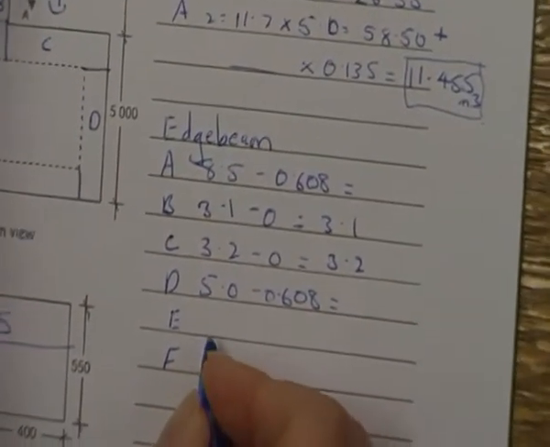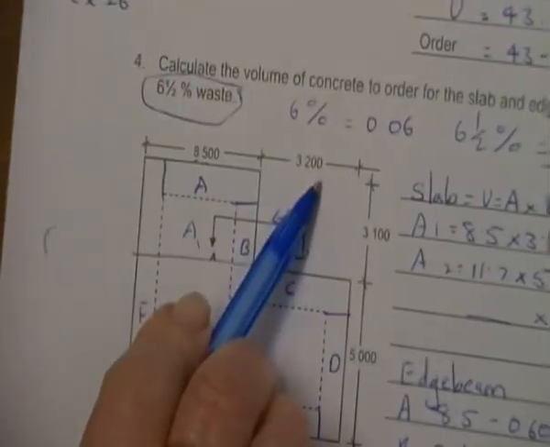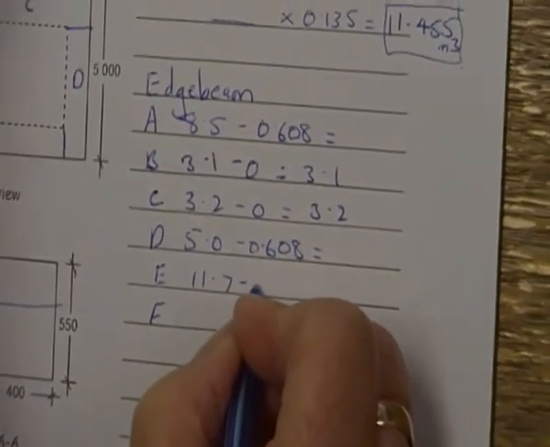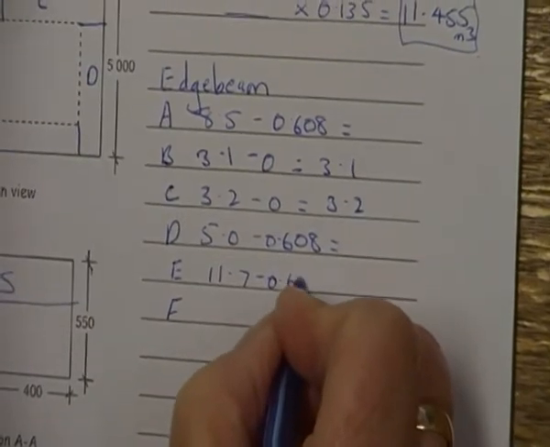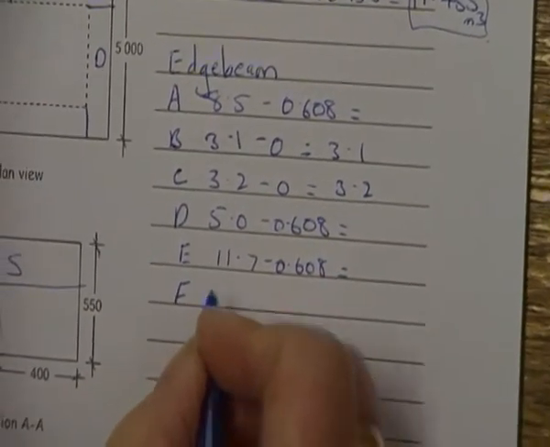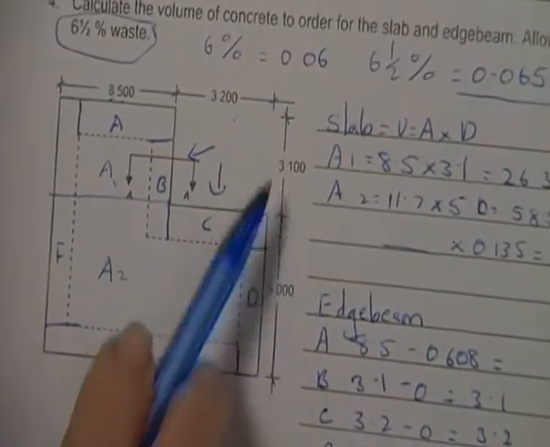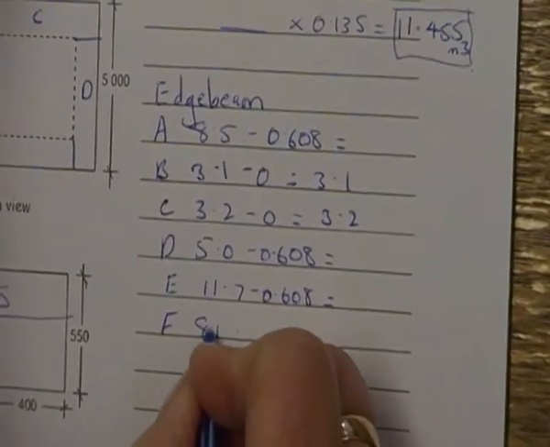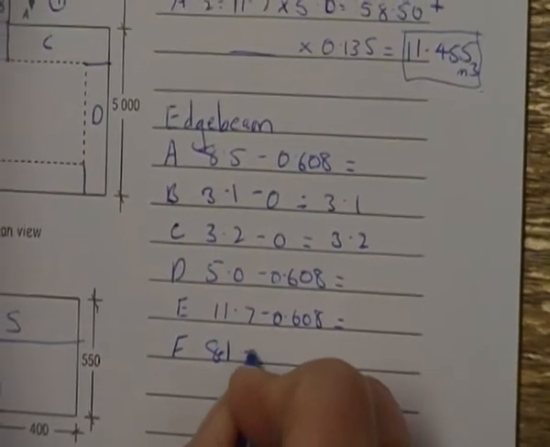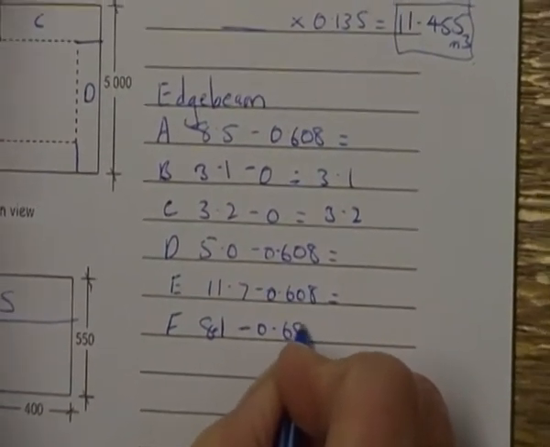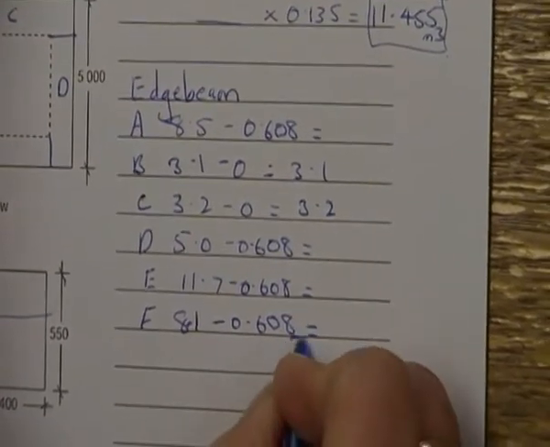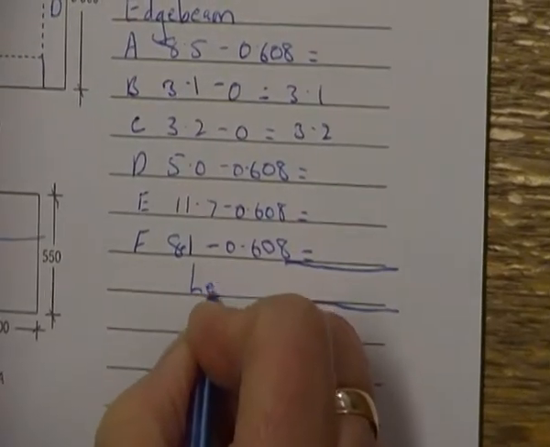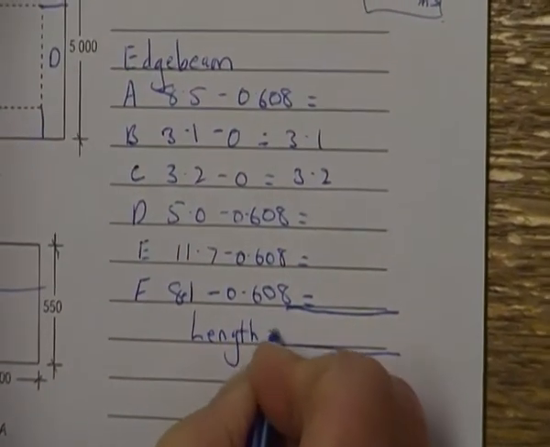Now we have to add these two figures together, so E is 11.7 minus 0.608. And F, we're adding these two sides together, and that's 8.1 minus 0.608. Now we do the figures on that, we add them all up, and that will give us our length.